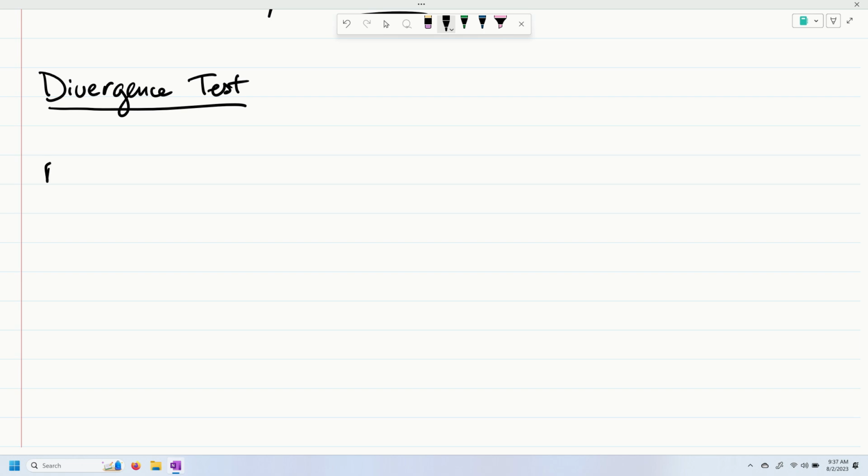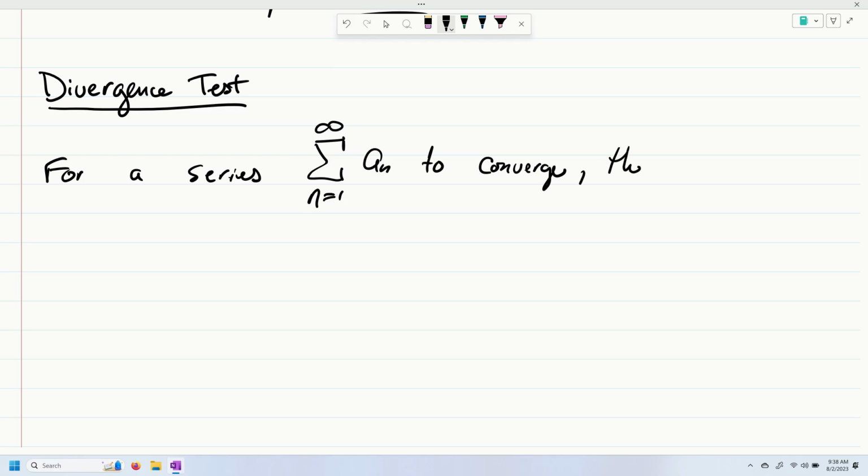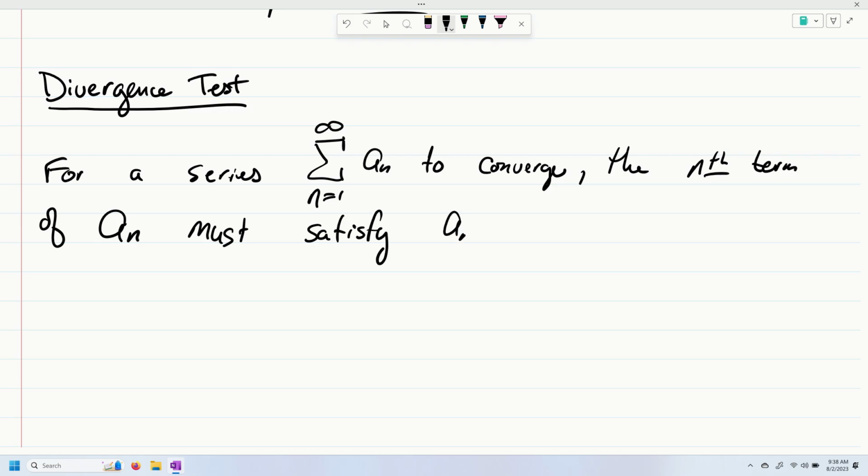So for a series from n equals 1 to infinity of a sub n to converge, the nth term of a sub n must satisfy the following: a sub n goes to 0 as n goes to infinity.